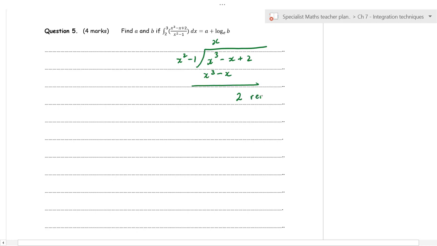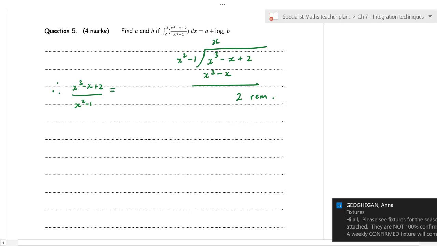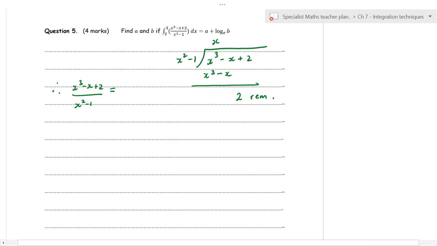2 remainder. So therefore, what we can say is that x cubed minus x plus 2 over x squared minus 1 is equal to what? What's that?